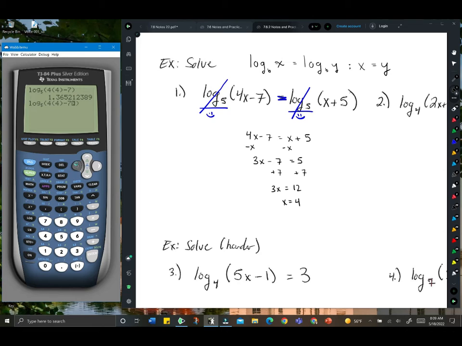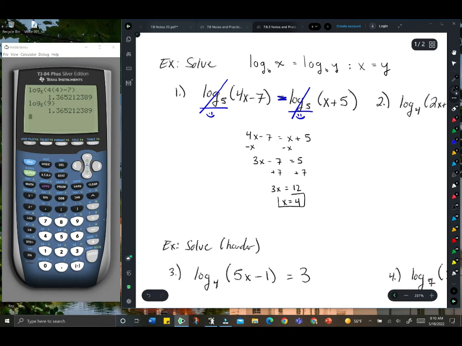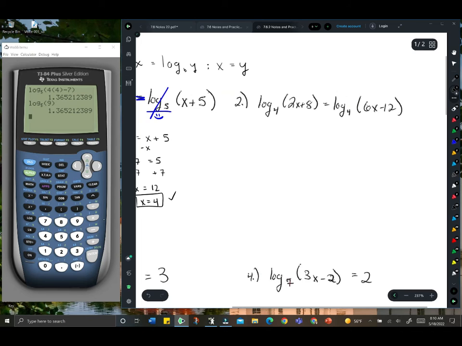Then repeat that, only this time try the other side: 4 plus 5 is essentially 9. It should come out to be the same thing. There might be some cases where you get extraneous answers, so it's a good idea to check. That one checks out.